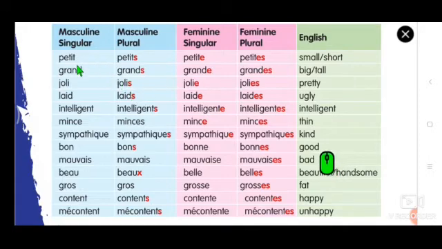To make anything masculine plural, add an S. Feminine singular, add an E. Feminine plural, add E and S. So make this a common rule for everything.